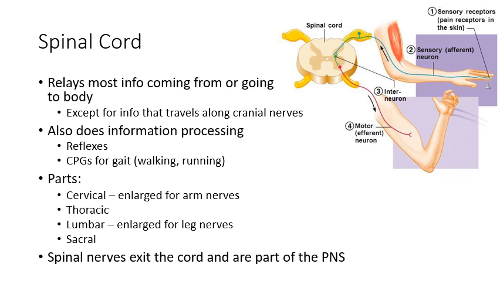So, right in the segment of the spinal cord that's shown here, you have your spinal nerves exiting. And then it also shows an interneuron right there in the spinal cord gray matter. That would be involved with a reflex, or potentially with a central pattern generator for gait.